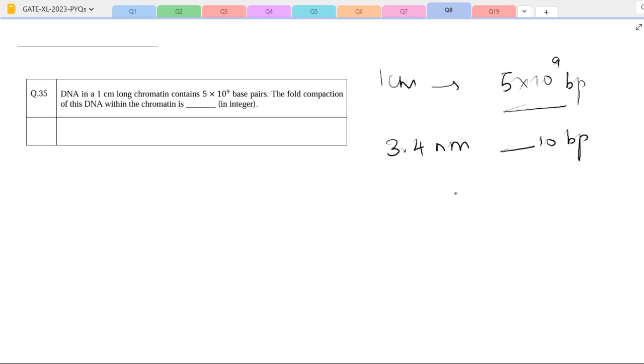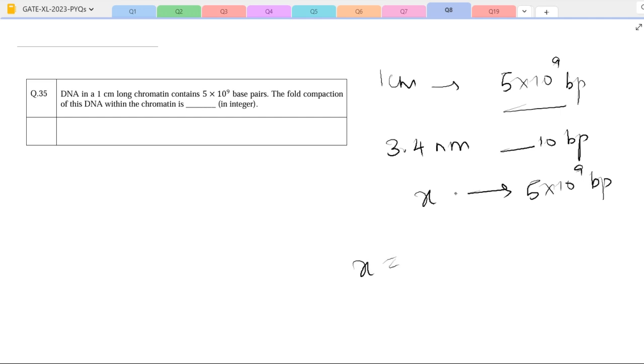First of all, they have given that 1 centimeter long DNA has 5 into 10 power 9 base pairs. If you take the classical B form of DNA, 3.4 nanometer will have 10 base pairs, if you remember the helix pitch, basically 1 turn. So how much length corresponds to 5 into 10 power 9 base pairs?